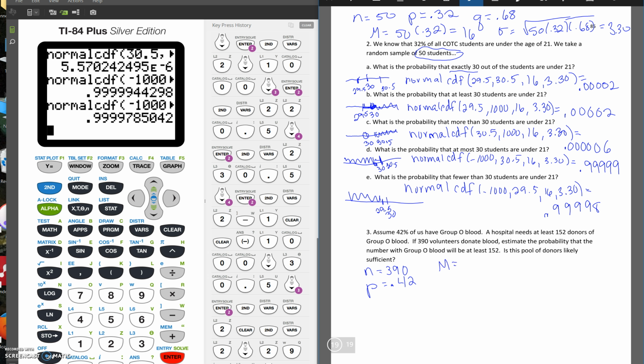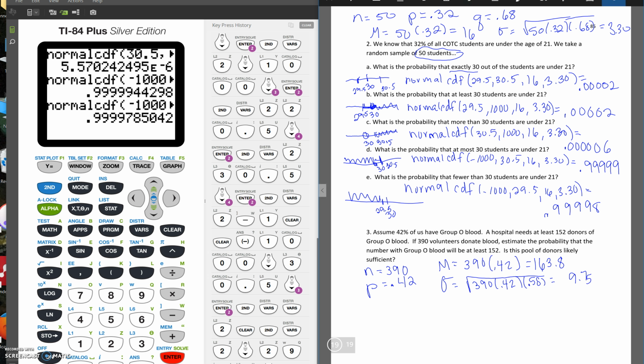So we can find our mean by doing 390 times 0.42, which gives you 163.8. Our standard deviation will be the square root of 390 times 0.42 times q, where q would be 1 minus 0.42, which is 0.58. So this will give you 9.75.